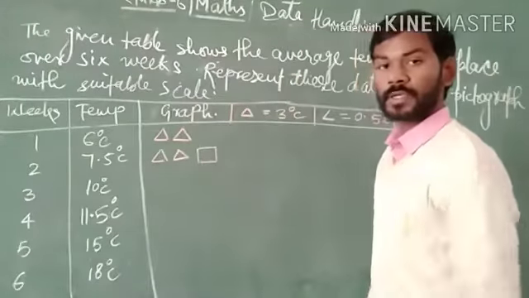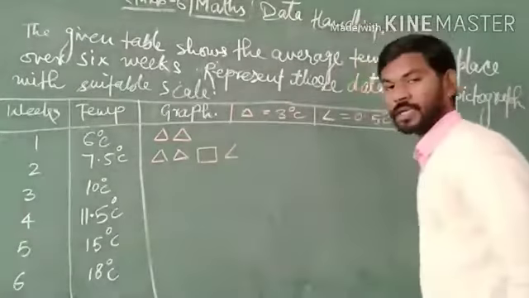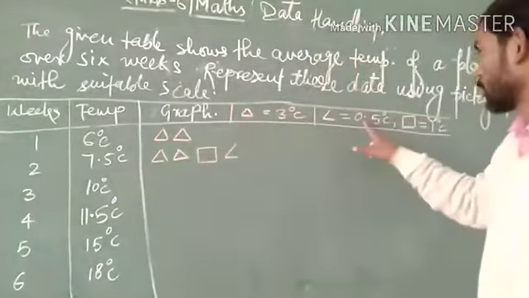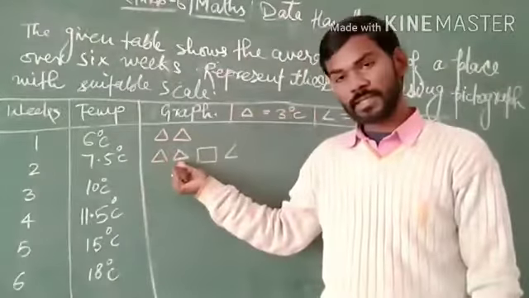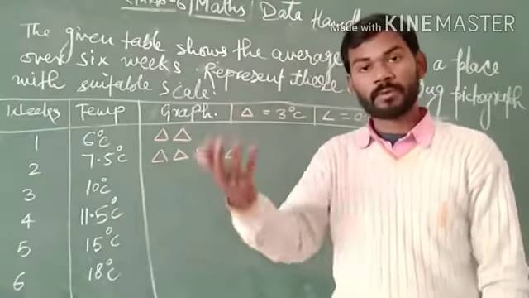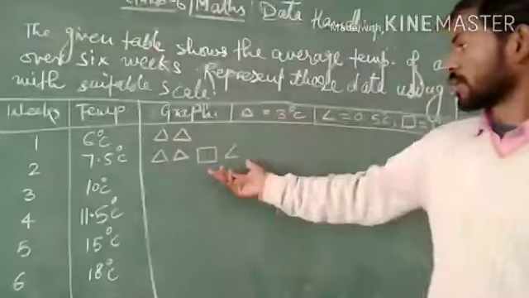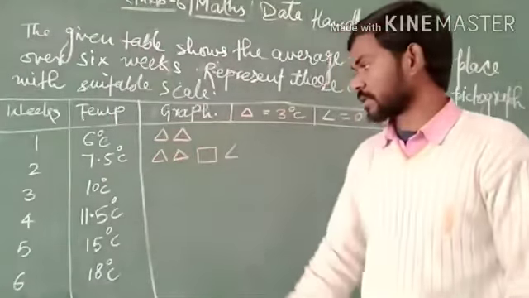This square will represent 1 degree centigrade, and a half triangle will represent 0.5 degree centigrade. So here we get 3 plus 3 is 6, 6 plus 1 is 7, 7 plus half is 7.5 degrees centigrade. So in this way we can represent 7.5 degrees centigrade.